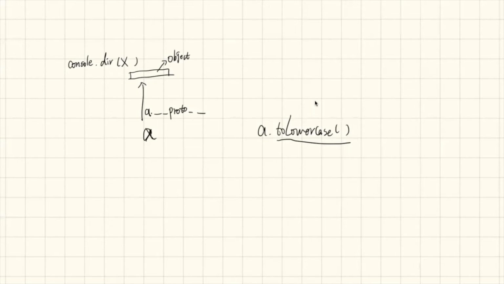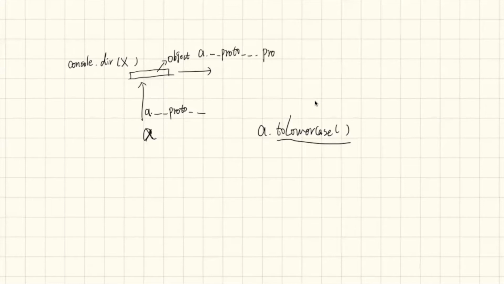Since a.__proto__ is some object, an object also has its __proto__, right? Because anything in JavaScript has its __proto__. Since usually the __proto__ doesn't have a name, we still use a to reference it.